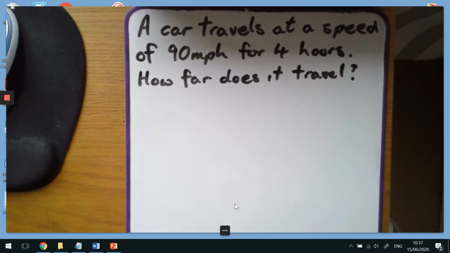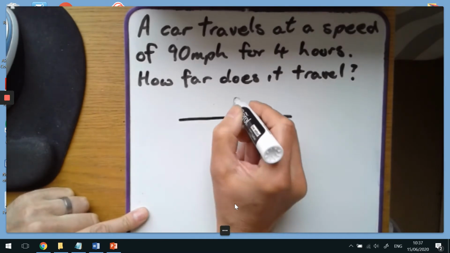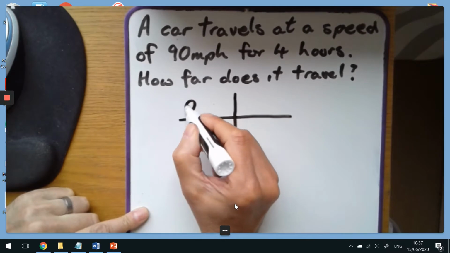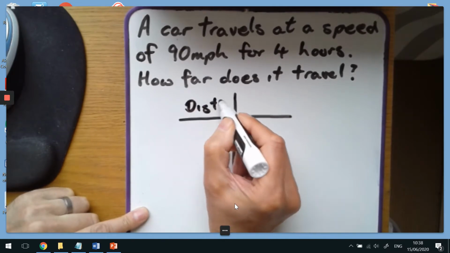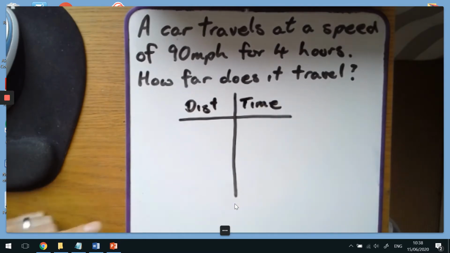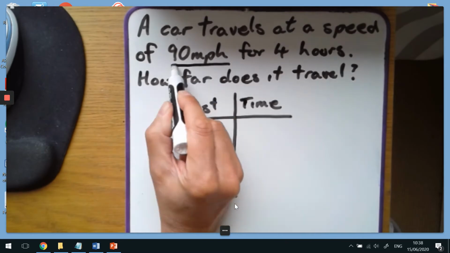So let me explain. Whenever we're doing a speed, distance, time, we start with a table that looks like this. Now, the key to it is understanding what miles per hour means.